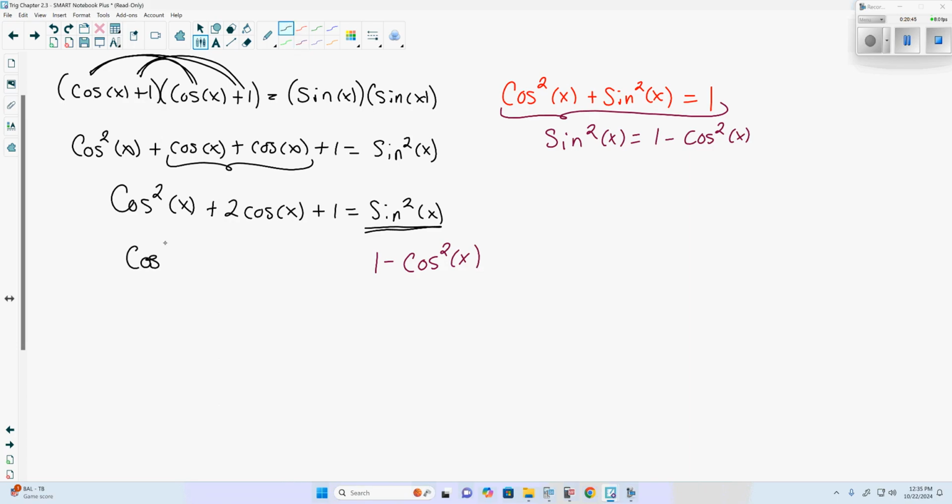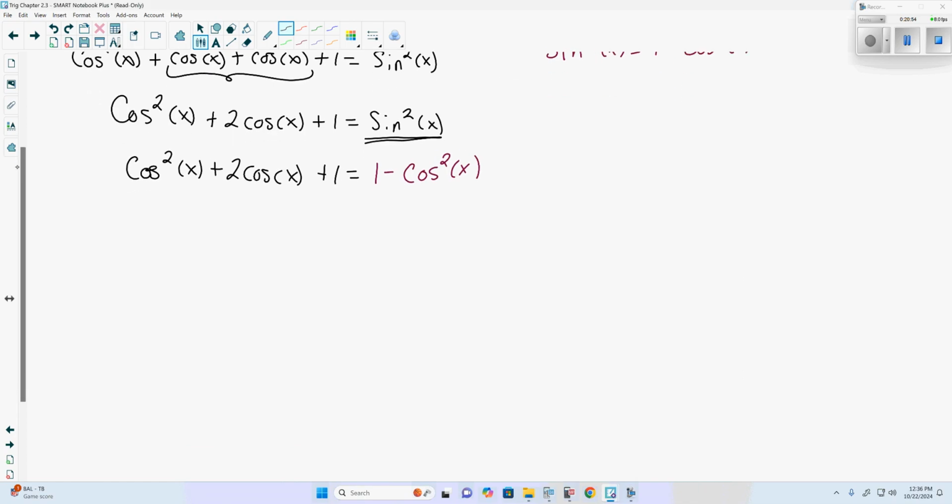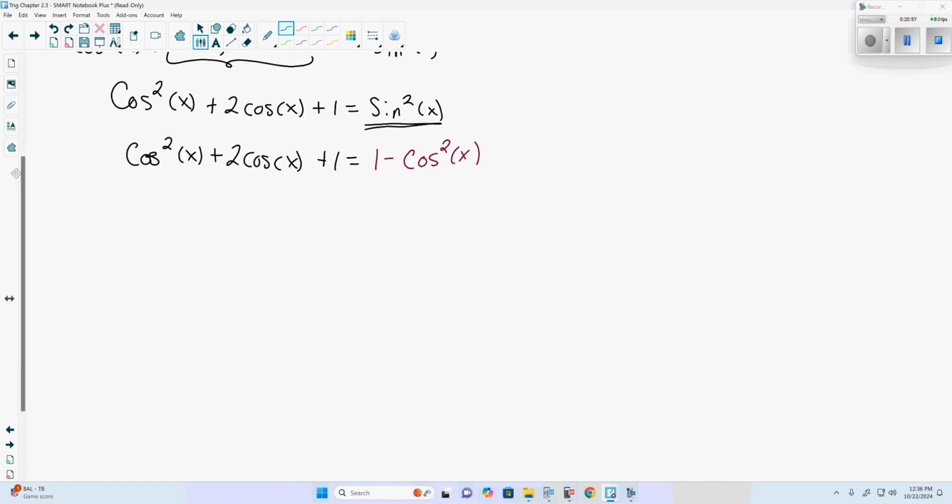The left hand side is going to be the same. Questions on how we got to this point here?